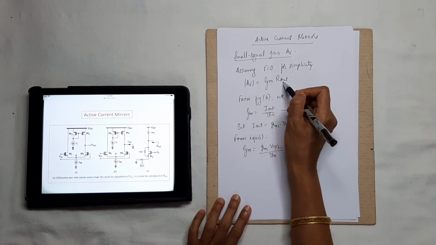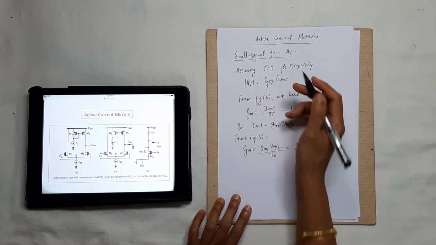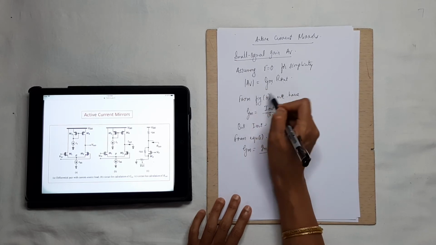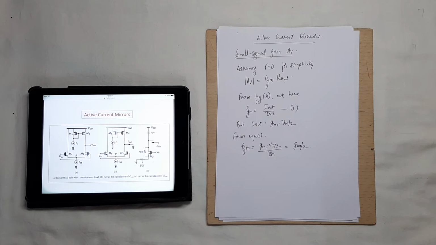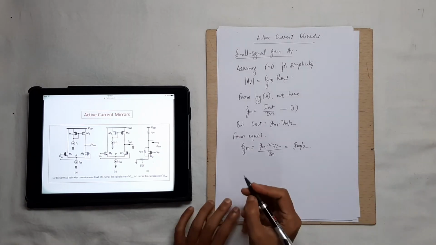Now we should find out what is R out. Then put Gm and R out into this particular expression to get the voltage gain expression AB. Let us calculate R out now. Calculation of R out.